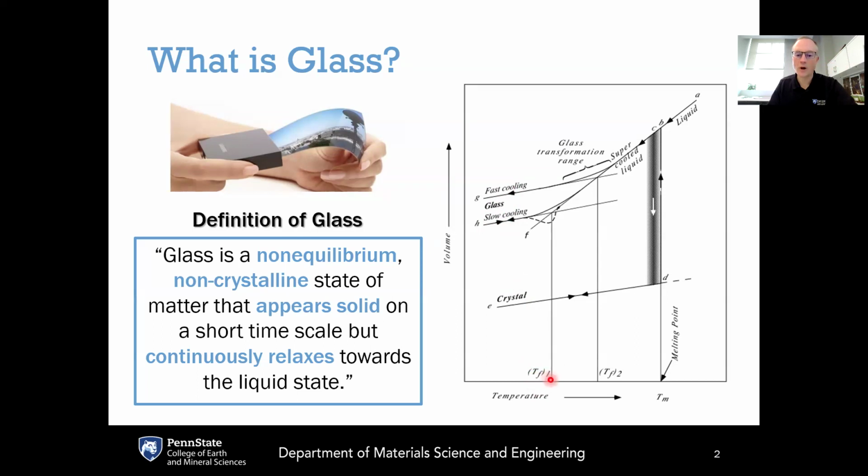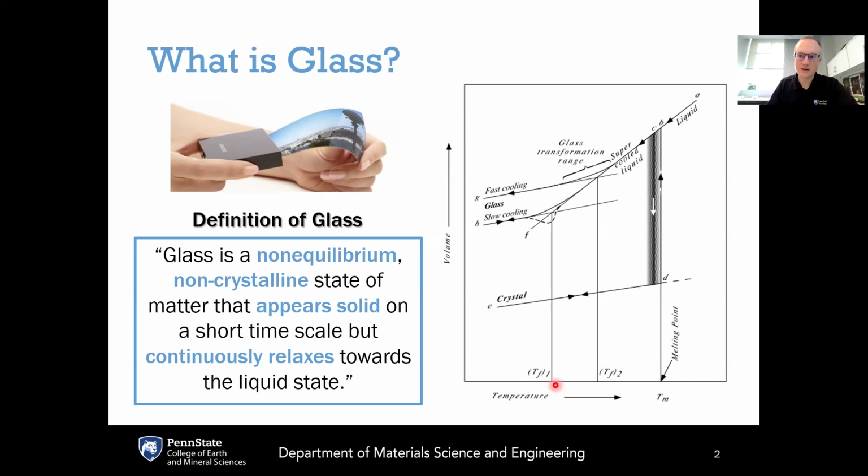This is TF1, which corresponds to the fictive temperature of the slow-cooled glass, and then TF2, which corresponds to the fictive temperature of the fast-cooled glass. So the subscript F stands for fictive. Fictive literally means fictional. It is a fictitious temperature. It's not a real temperature, but it is an additional thermodynamic order parameter that gives us more information about the state of the glass by telling us something about the thermal history of the glass.